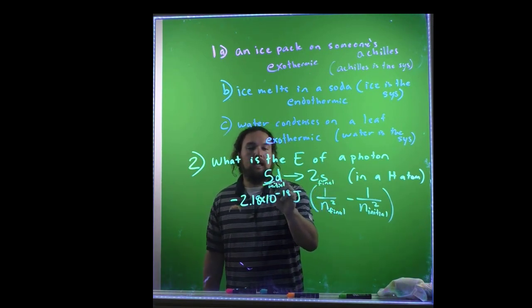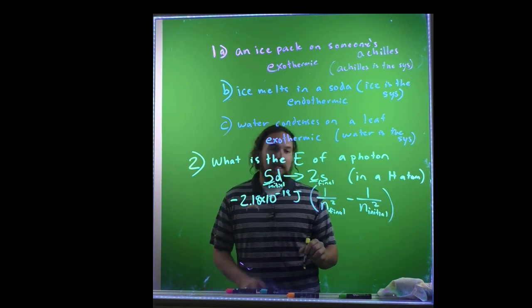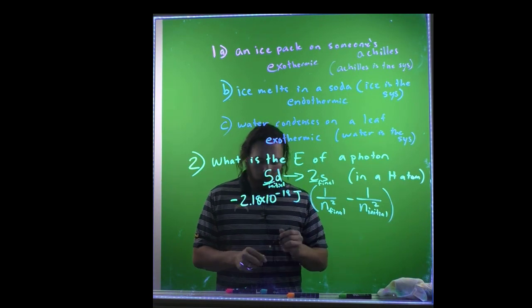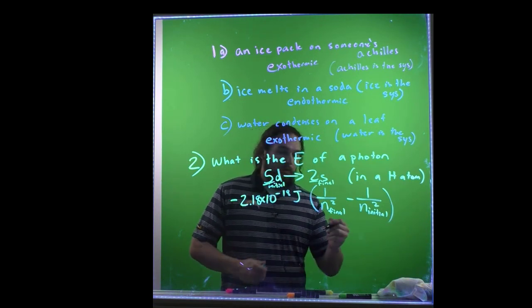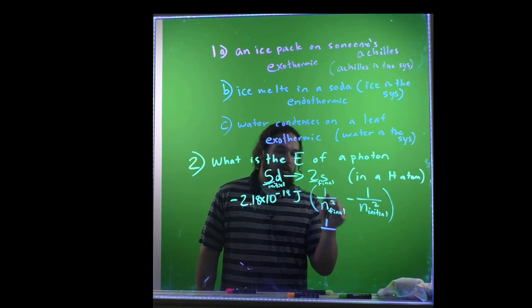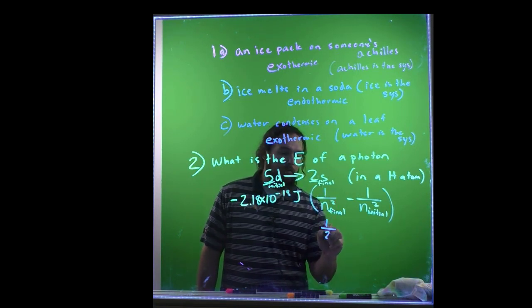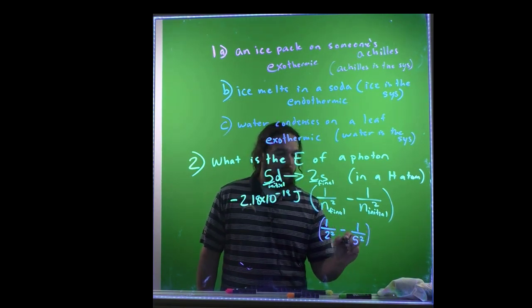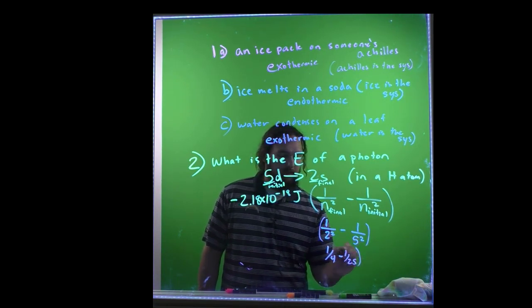So we're only going to look at the n value in this case, and the number in front of the orbital is the n value. So what we would do is we would do 1 over 2 squared minus 1 over 5 squared, which is 1/4 minus 1/25.